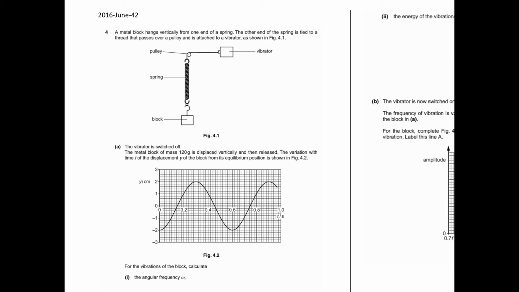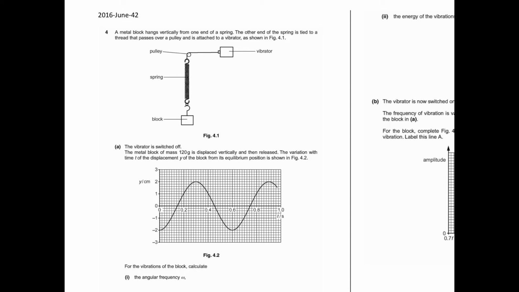So A, the vibrator is switched off. The metal block of mass 120 gram is displaced vertically and then released. The variations with time t of the displacement y of the blocks from its equilibrium position is shown in figure 4.2.